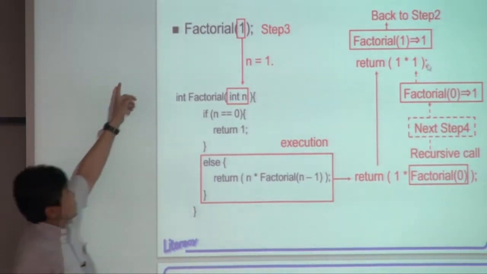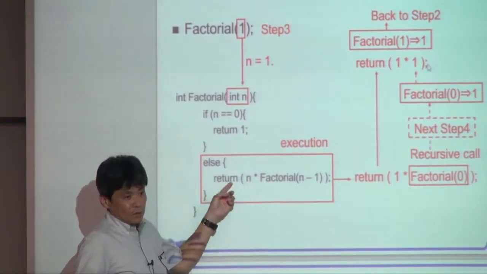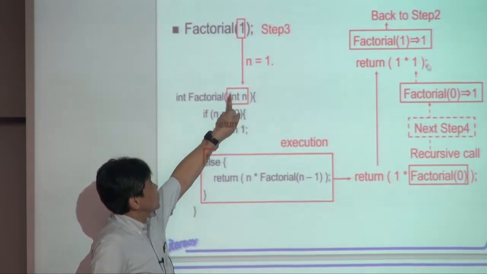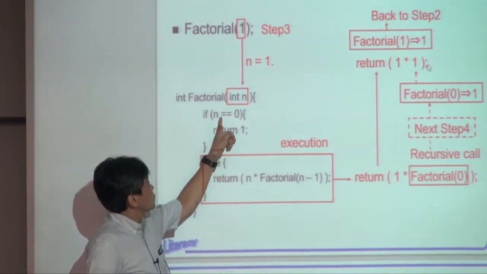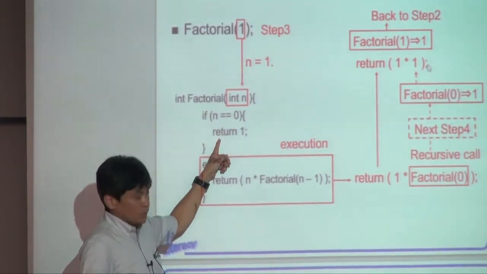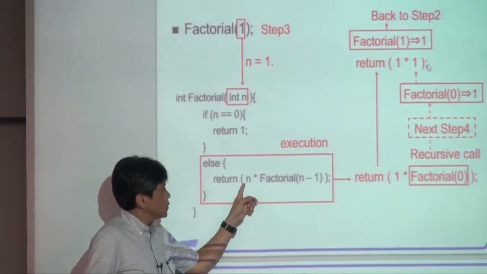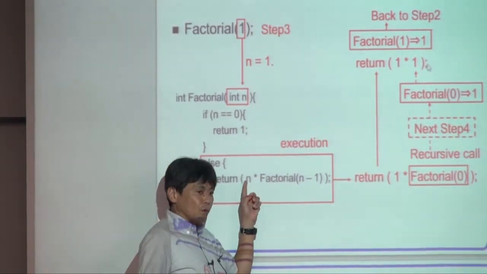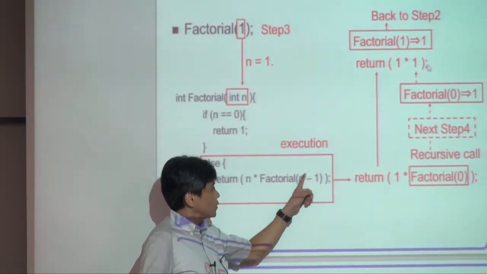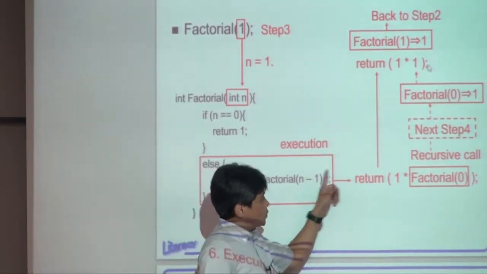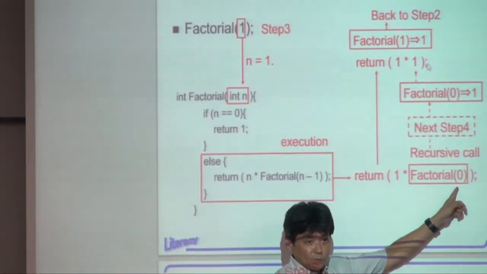For factorial 1, this function is also called, and in this case n is 1. The condition is not true, so this part will be executed. In this case n is 1, and factorial n minus 1 is factorial 0. So you also have to calculate factorial 0.